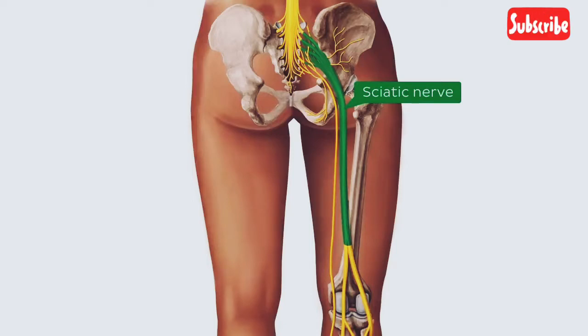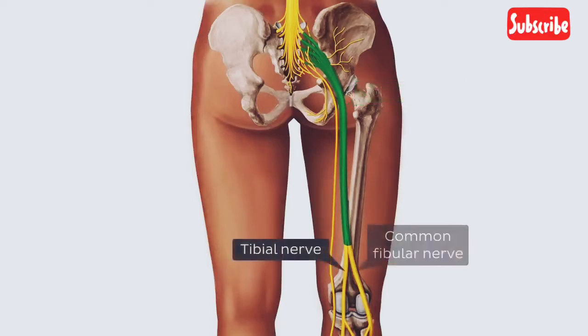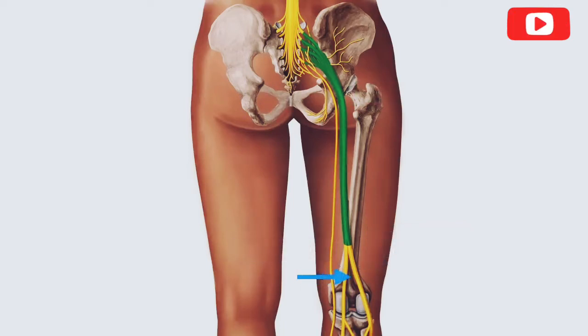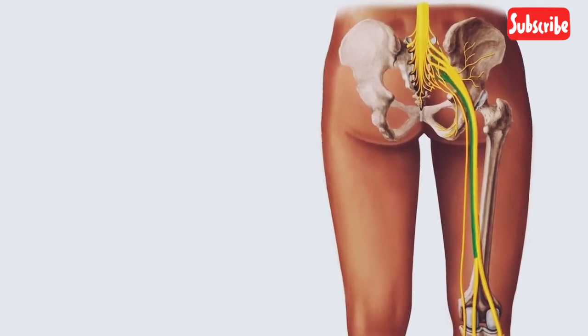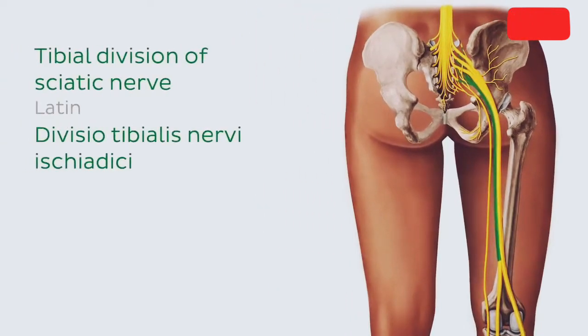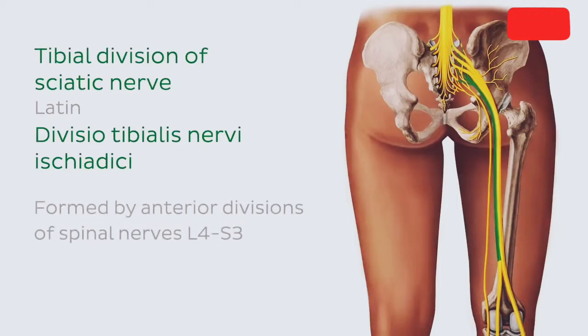As I mentioned previously, the tibial and common fibular nerves usually separate at the apex of the popliteal fossa. However, in some individuals, these nerves can separate as soon as they leave the pelvis. Based on this principle, we can see the tibial division of the sciatic nerve highlighted in green. In this illustration, we can see that the tibial division is formed by the anterior divisions of spinal nerves L4 to S3.